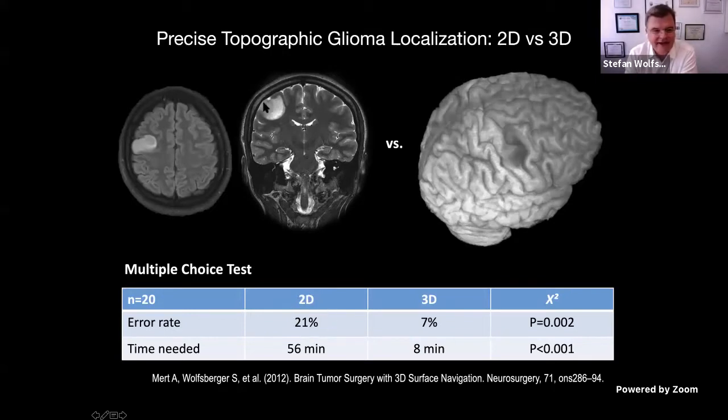So every fifth answer was wrong. And a couple of months later, we gave them the same case in 3D, and they made only 7% errors. And look at the time they needed. For the 2D, it took them nearly an hour. And for the 3D, it took them only 8 minutes. So this was statistically significant.